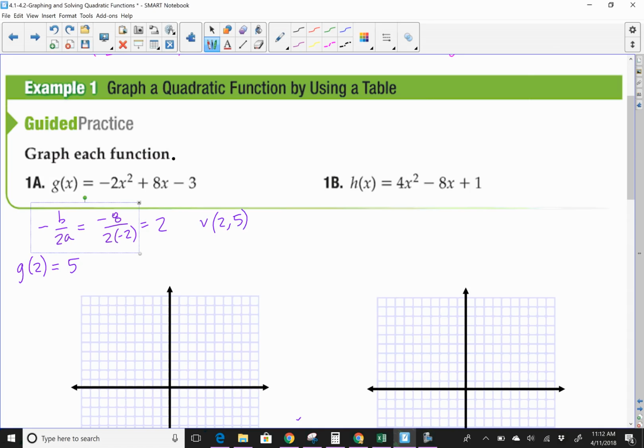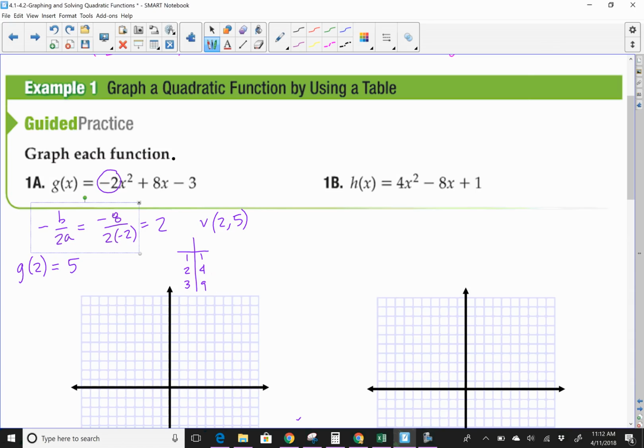Now, the difference here that you always have to pay attention to is your a value. Vertex is 2, 5, not a fraction. So my key points are 1, 2, 3, and 1, 4, and 9. Now, the thing that you have to pay attention to is what a is equal to.